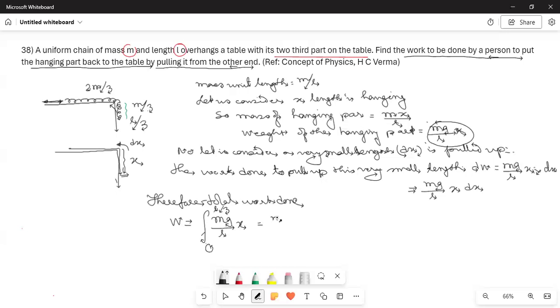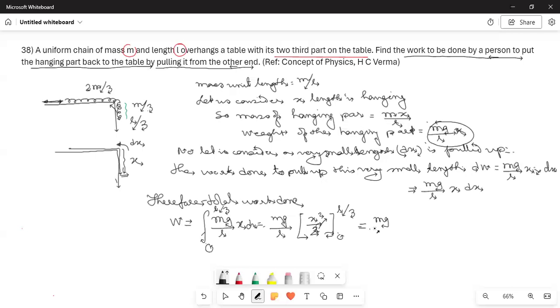This is equal to mg by L, which comes outside because it's not a function of x, into the integration of x, which is x square by 2, with limit from 0 to L by 3. Again, this 2 you can take outside.